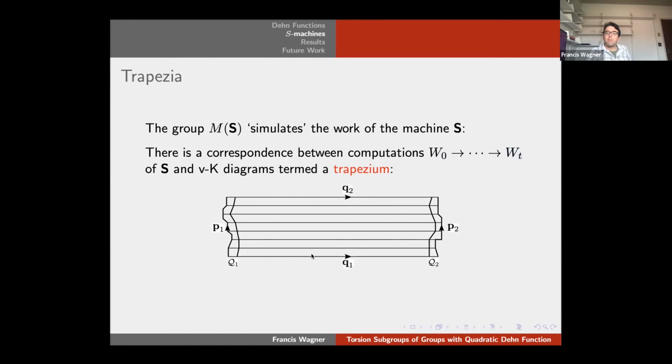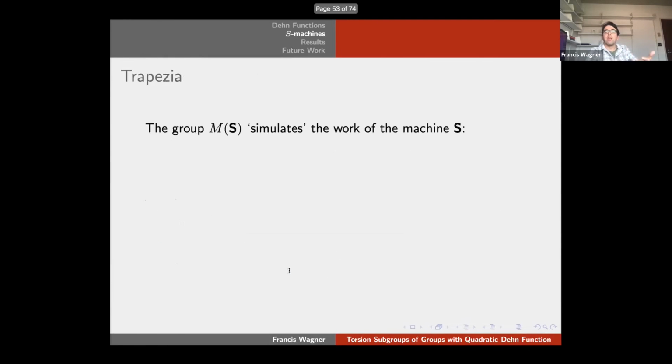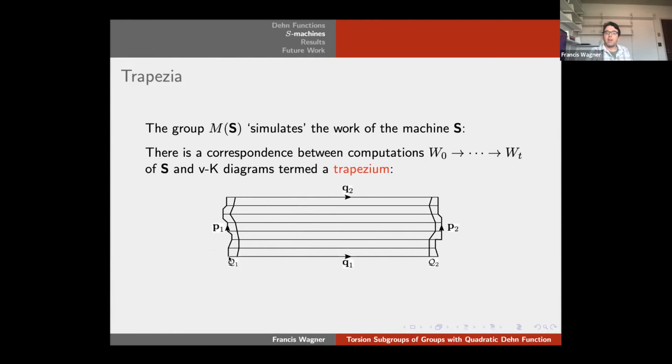Here, the bottom label, the label along the bottom line would be W0. Now, if I use the relators that we have, I can turn Q0 into maybe A0, Q0 prime, B0, B1, which is exactly what the rule does.